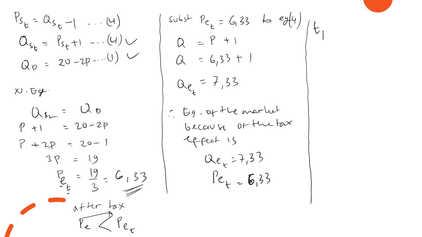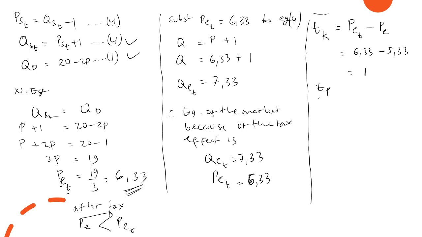Now, I will put it as tax for the consumer, and that is the price of equilibrium after tax effect minus the price in equilibrium without tax. So that is 6.33 minus 5.33. That is 1. Okay. So what is the tax of the producer?